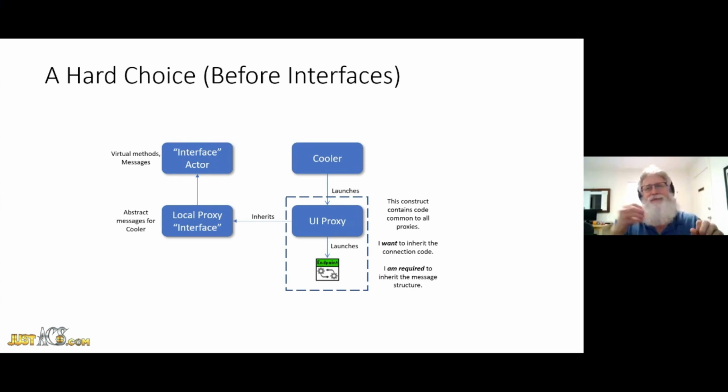But to do good dependency injection, I'm required to inherit the message structure instead. And the dependency injection was so valuable because the whole life of this project, I was swapping out for local simulators, things that would pretend to be the remote that I was talking to, or remote simulators. I would talk across the network to something remote that was a simulator, or test stubs.